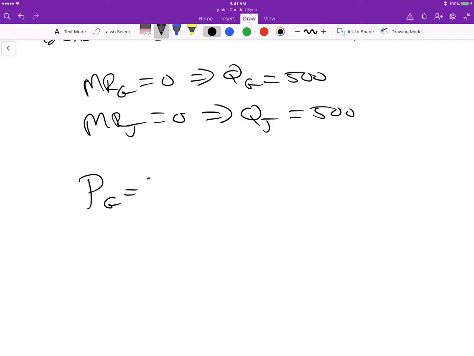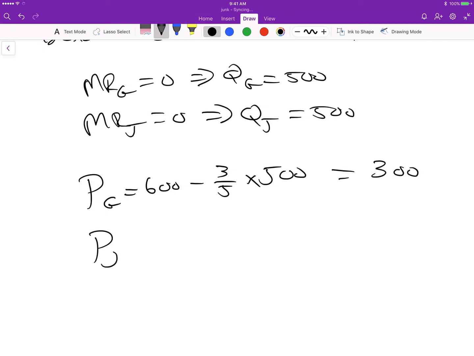PG equals 600 minus 3/5 times 500. That's going to be equal to 300. PJ is equal to 400 minus 2/5 times 500. That's equal to 200.